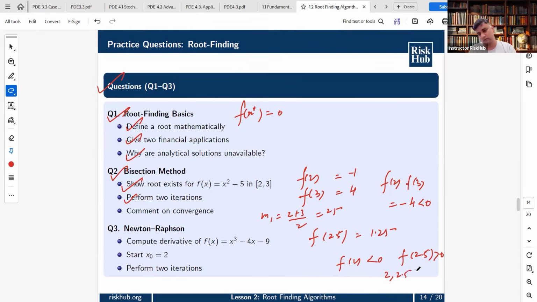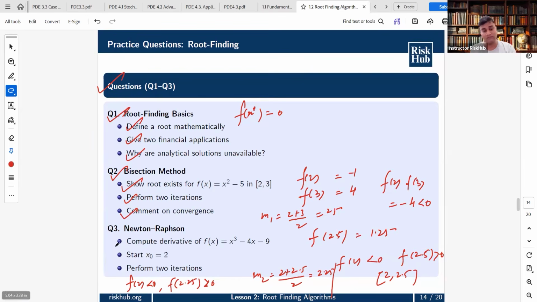I can do another iteration. M2 is (2 plus 2.5) divided by 2, which is 2.25. f(2) is less than 0 and f(2.25) is greater than 0, so the root lies between 2 and 2.25. Bisection is moving toward the actual root safely, so that is the convergence happening.